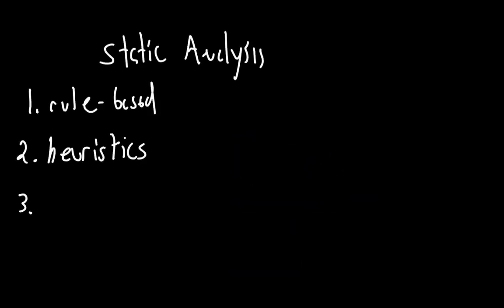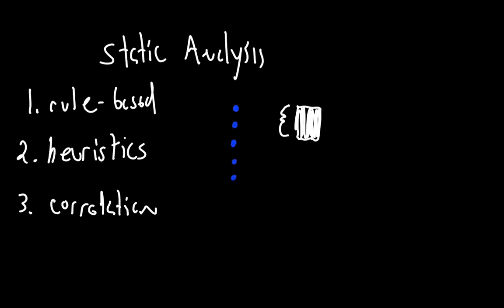The last one I want to speak to is what I'm calling correlation. And correlation is kind of interesting. Let's say we've got our binary right here. What you do for this particular approach is to look at this binary and generate a list of numbers, or you could call it a vector, that summarizes what we know about the binary.